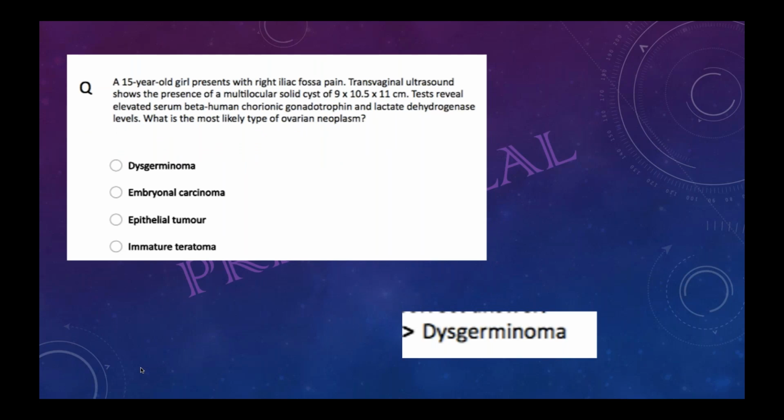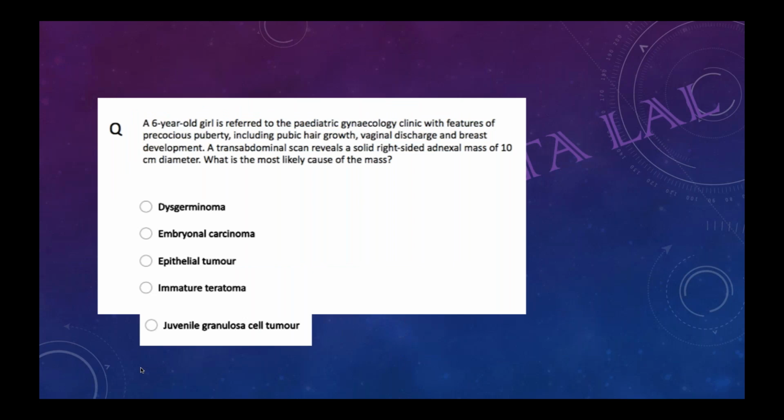You can't make a mistake here. LDH and beta HCG are markers for dysgerminoma. Don't get it wrong. D for LDH, D for dysgerminoma. You can remember it this way also, a nice way.